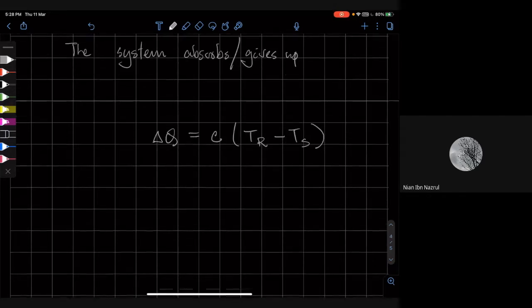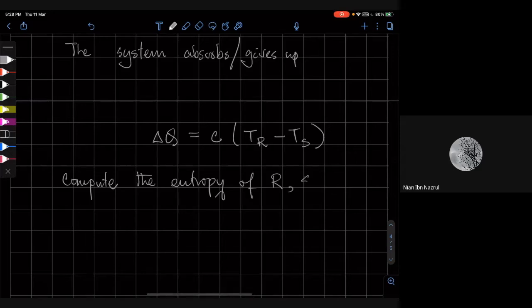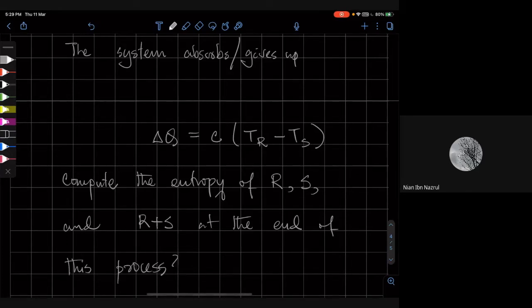So the problem is that we have to compute the entropy of the reservoir, the system, and the combination of the reservoir and the system at the end of this process, okay? Is it clear what the premise is?